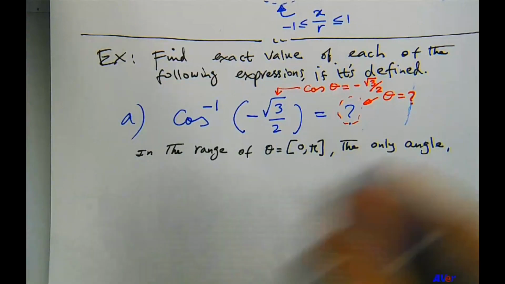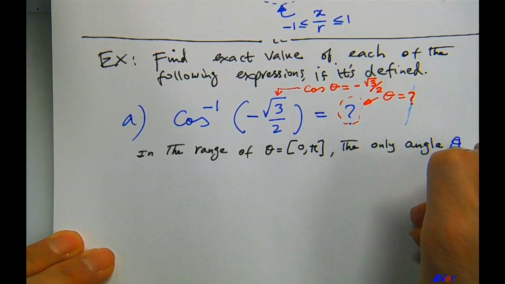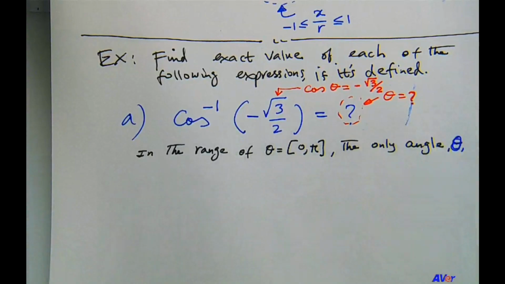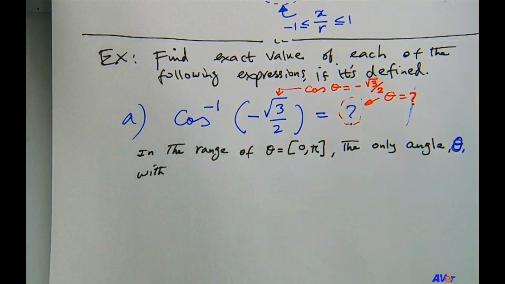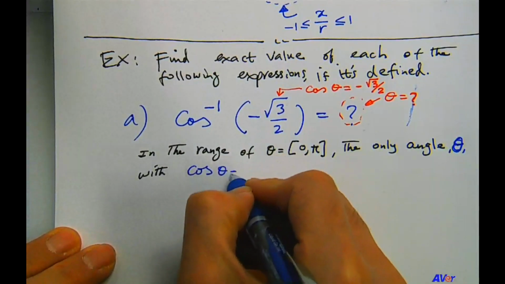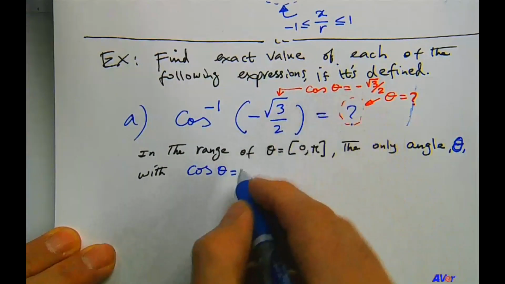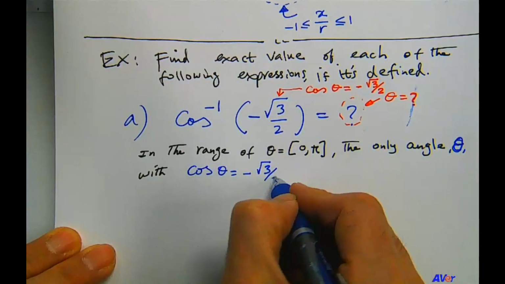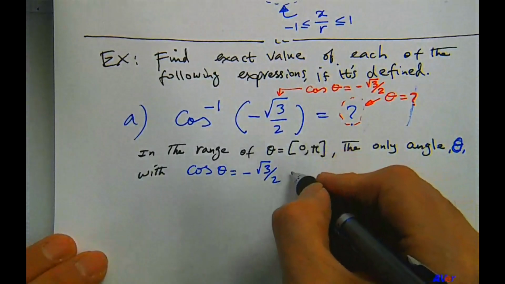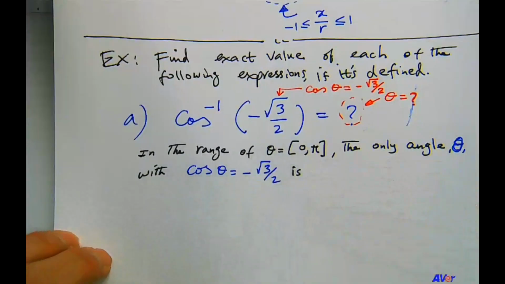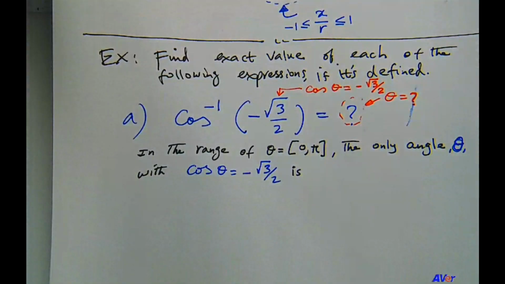So the only angle theta with cosine of theta equaling minus square root of 3 over 2 would be in which quadrant? Before we write the answer down, think about this.